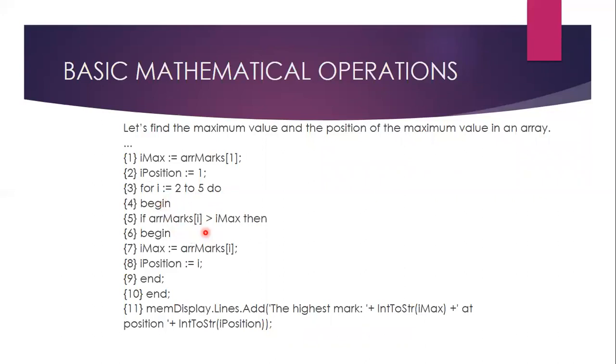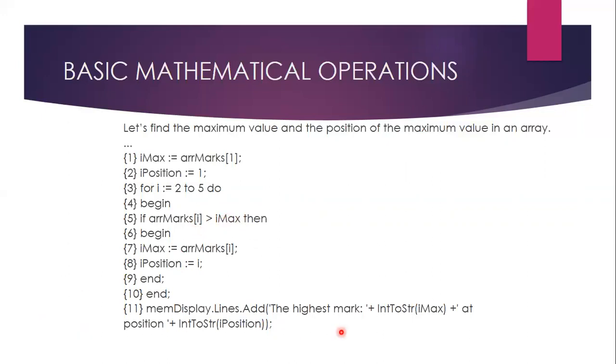Go and check: is whatever's in the index for R marks greater than I max? Then you're going to take whatever's written in position I and write it to I max. You're going to write it there. And again, you've assigned I position to I. If that should be an I or a 1, we'll have to check that. And this is going to keep looping until R marks is not greater than I max.